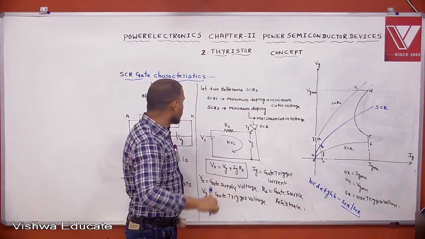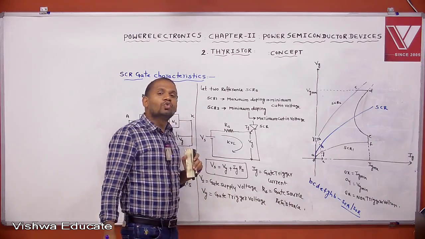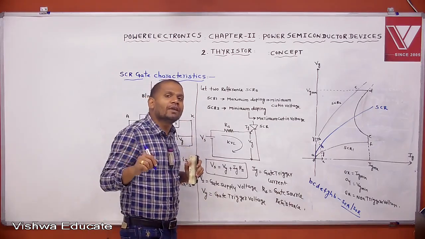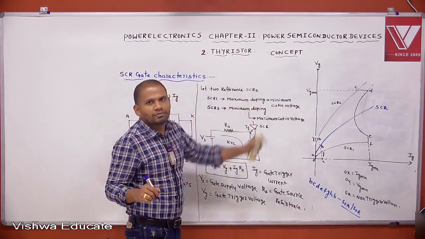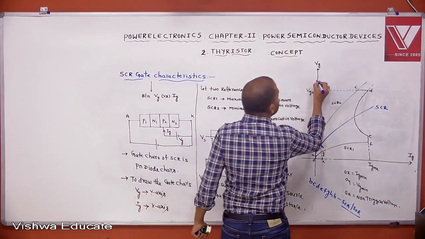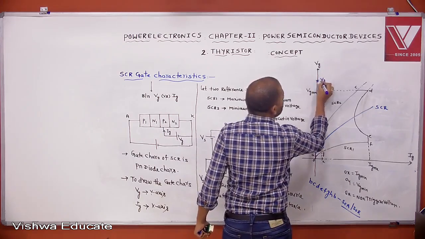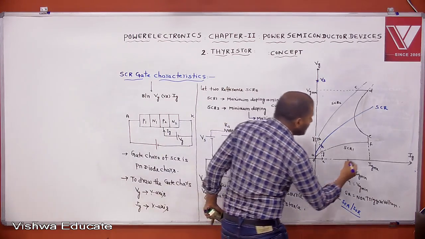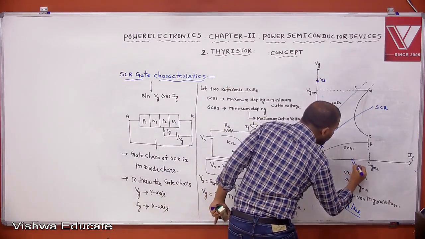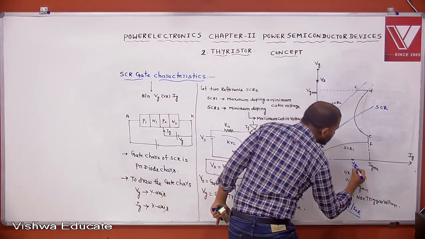To find the operating point of a gate terminal, first locate the supply voltage on the y-axis. Then locate Vs by Rs, which is current, on the x-axis.